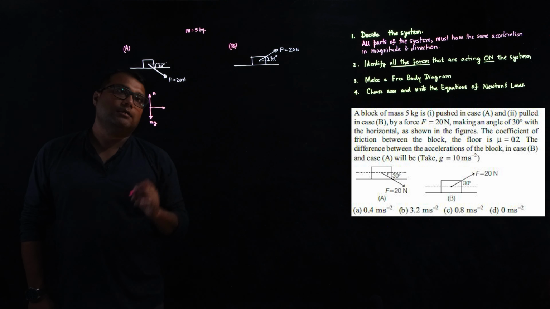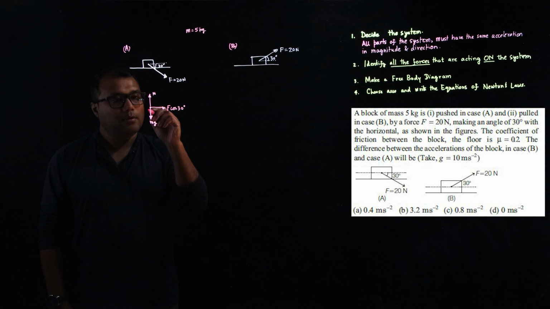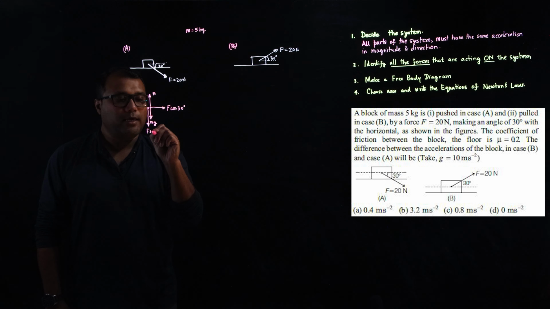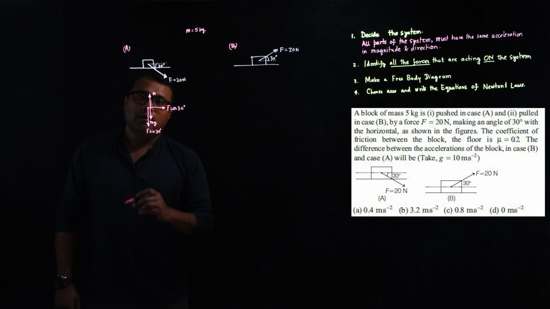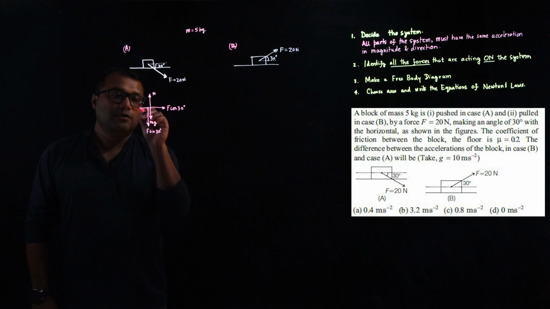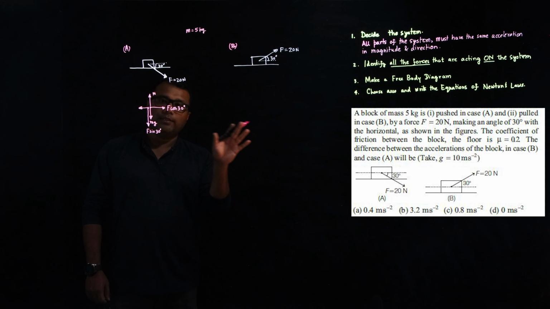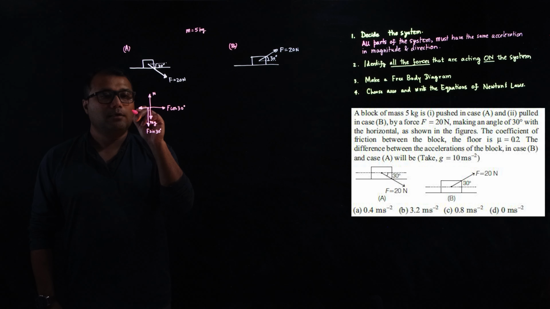One component is F cos 30 degree, and then there is another component which is downward, which is F sin 30 degree. And then finally there is a frictional force also. Because the block is moving that side, the frictional force will be on the other side. So that will be mu times N.